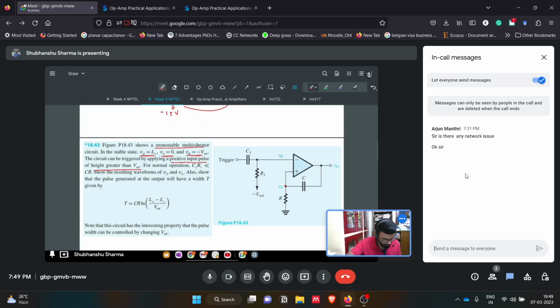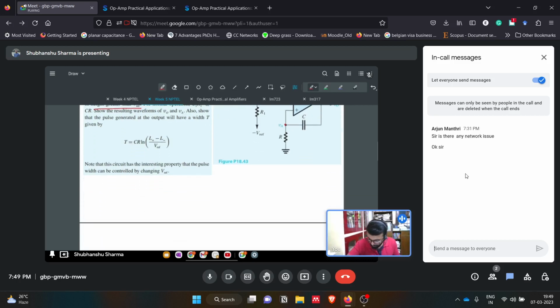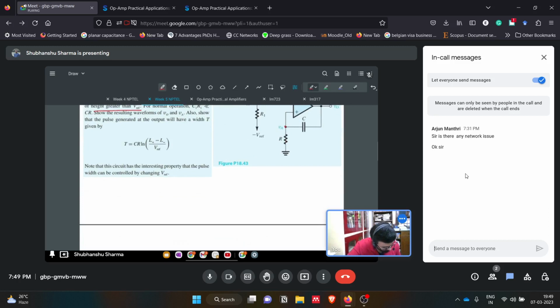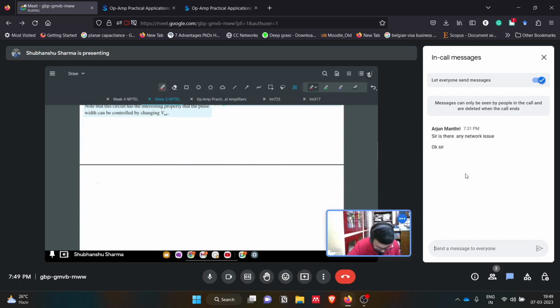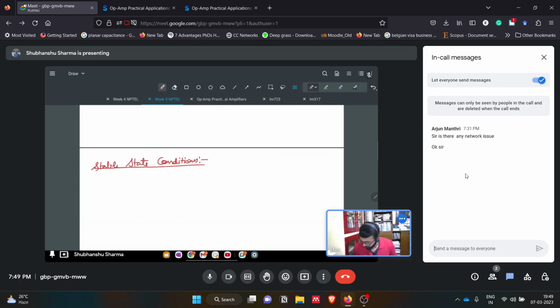So what are the stable state conditions? Stable state conditions: V naught, as given in the question, is high, that is L plus, and VA equals 0.